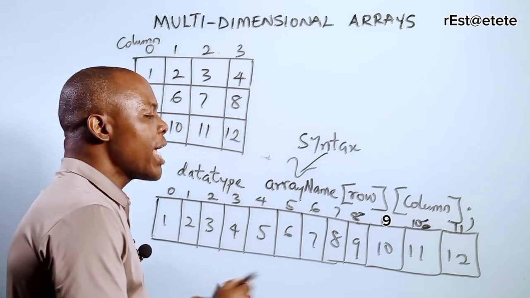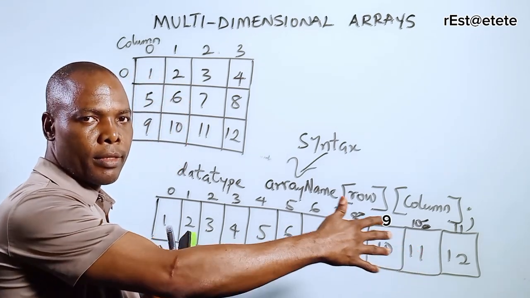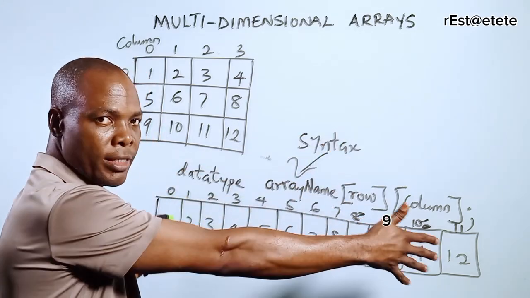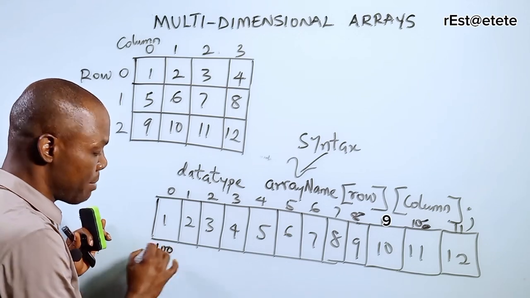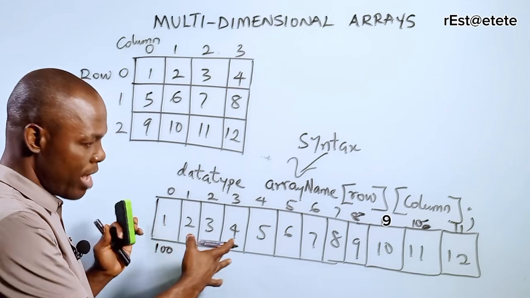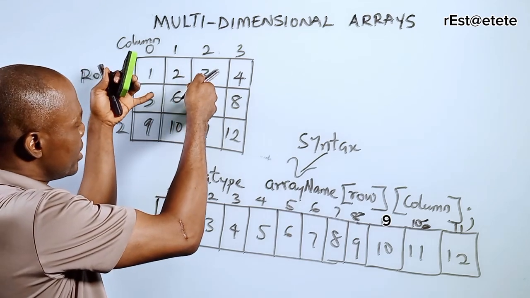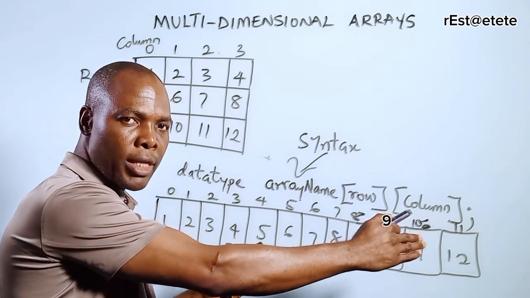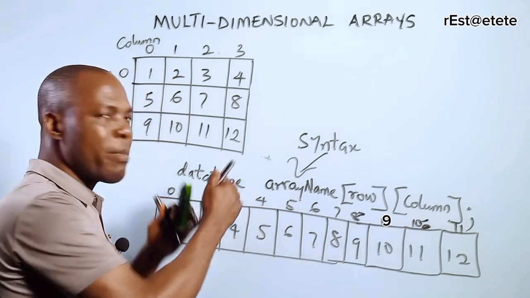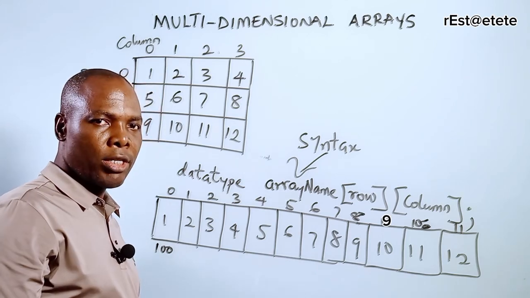Now, this is how memory is. Memory is linear, just one straight line. This is exactly how memory is. So the memory address of this one will be what? I'm assuming 100. If I'm to represent this two-dimensional array on a linear memory that is one-dimensional, how am I going to achieve that? That is the essence of this class.